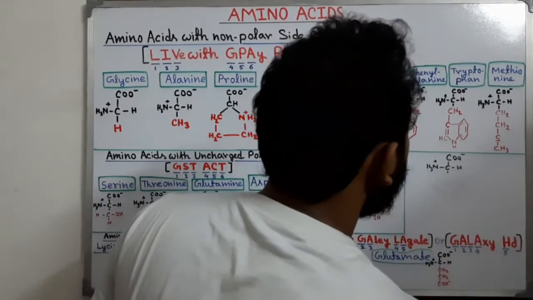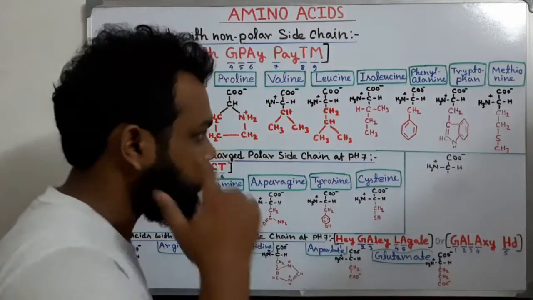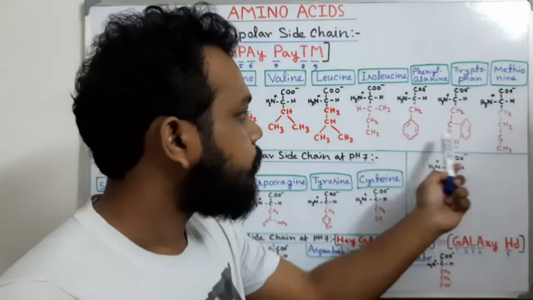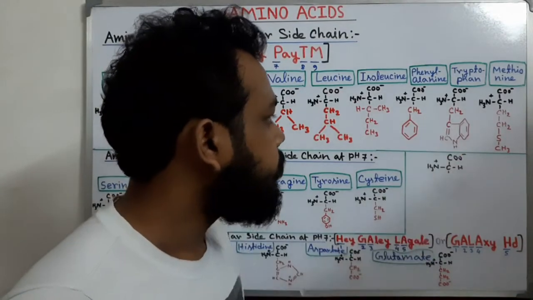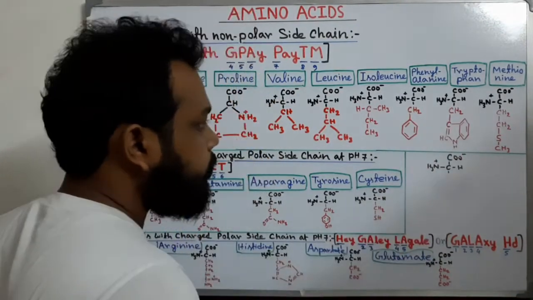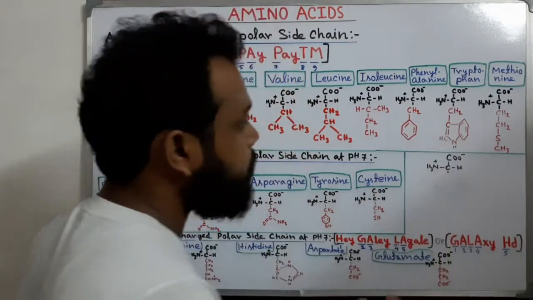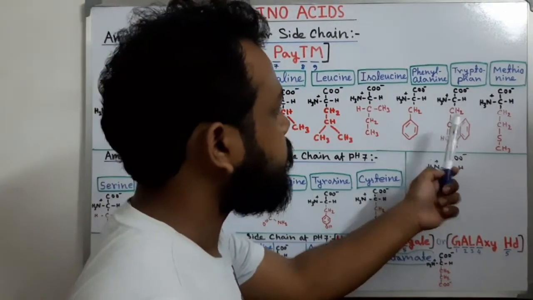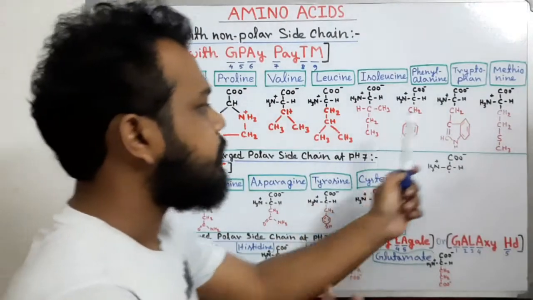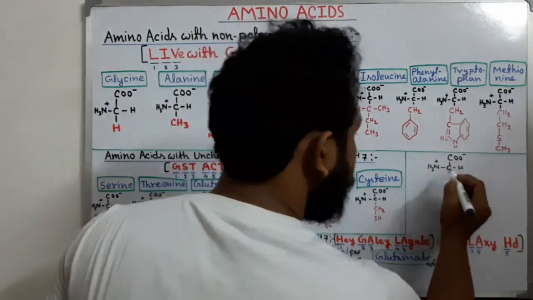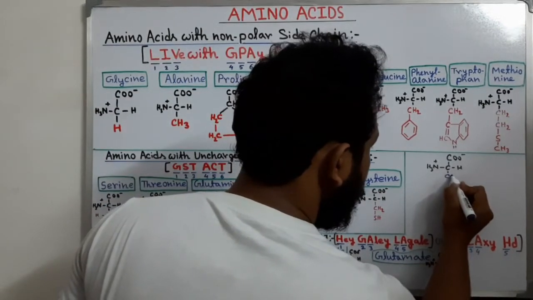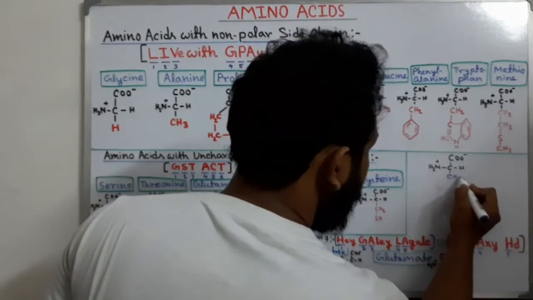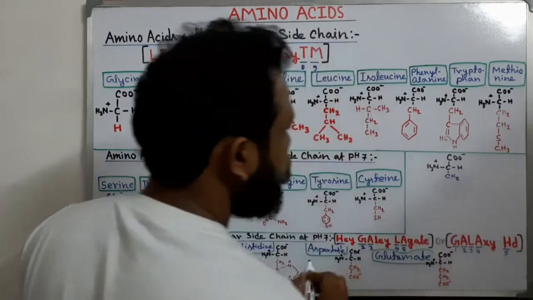And next is tryptophan. Tryptophan has an aromatic ring. We have to remember this structure. At first we draw the alanine structure, with CH2 in place of the side chain.